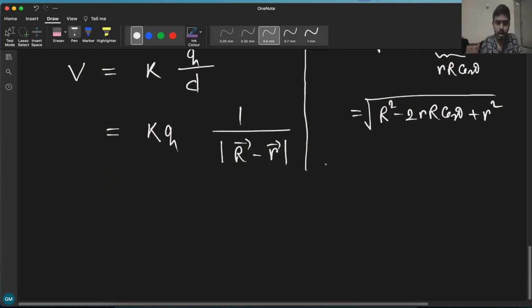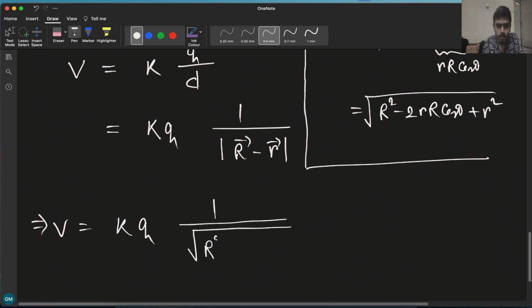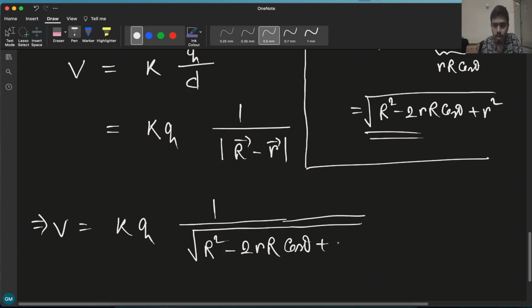Okay, and now if I write it kq times 1 by root under, instead of mod of capital R vector minus small r vector, if I write this expression, it is minus 2rR cos theta plus r square.